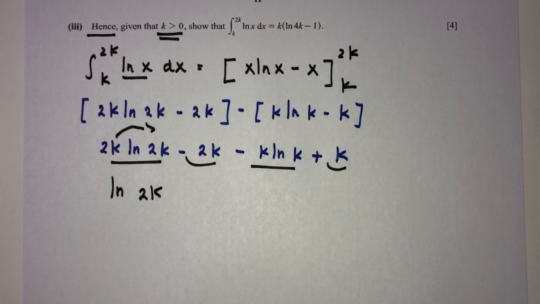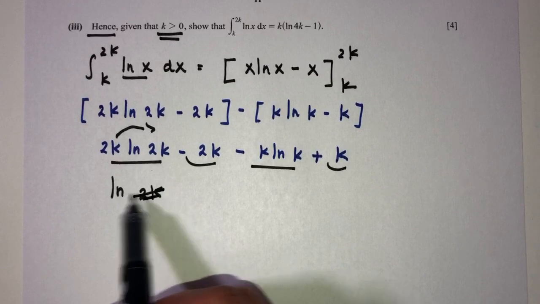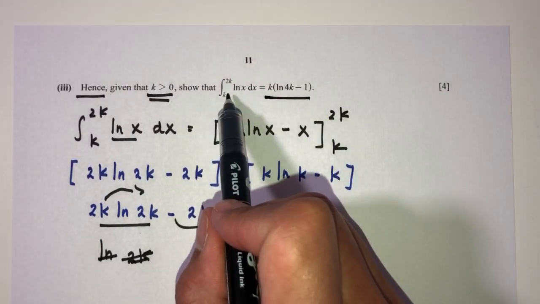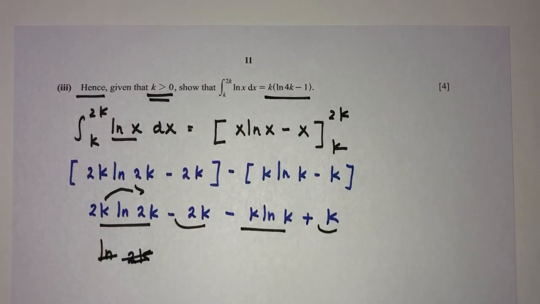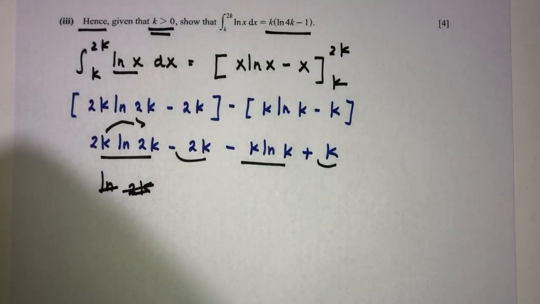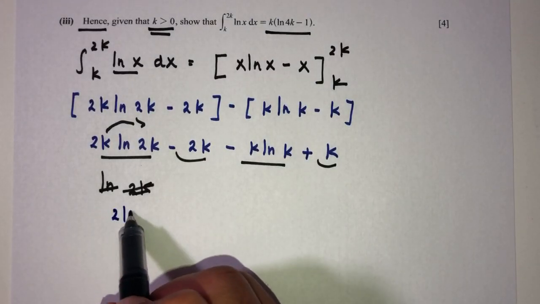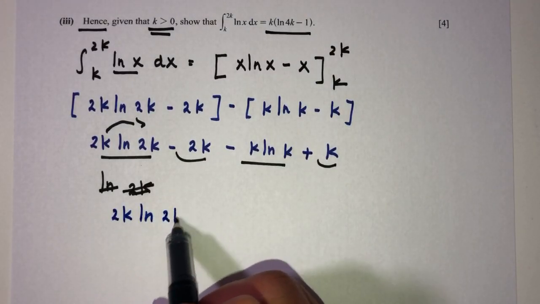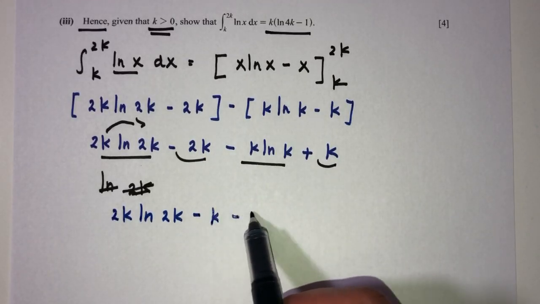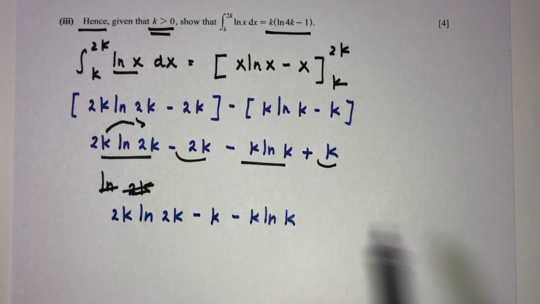So I think we should do something first because it might get complicated here. Because of our answer here, as you can see, we have to show that this is equal to this. So let's first simplify the simple one. So right now I have 2k ln of 2k, minus 2 plus 1 is minus k ln of k.